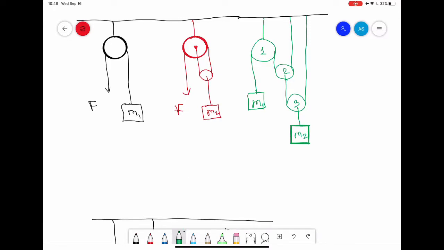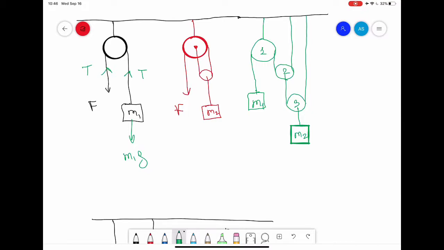So for the first case, when you have mass 1, we have a tension, then we have here M1G. The first thing, the rule that you have to know, is that when the rope is connected to the pulley, that tension will always be the same as this tension, okay? Because the rope is connected to the same pulley.